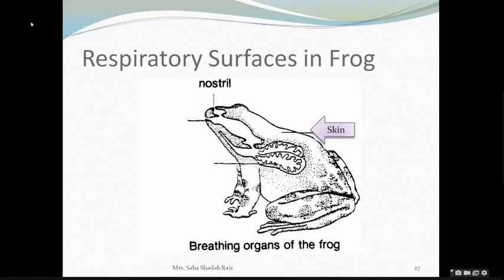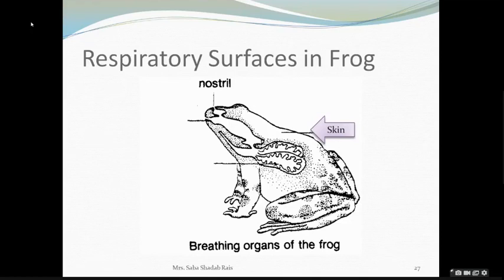So the skin will take the oxygen. The skin can take the dissolved oxygen molecules from the water.